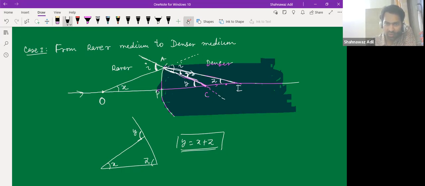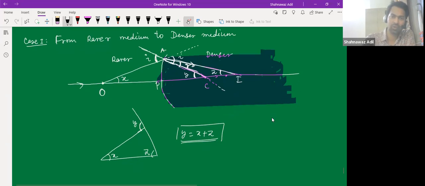So from the normal to the refracted ray, this would be the angle of refraction. And this is the same line, this is the same line, so these are vertically opposite angles. So we will use this diagram in the next class and then derive the relation.